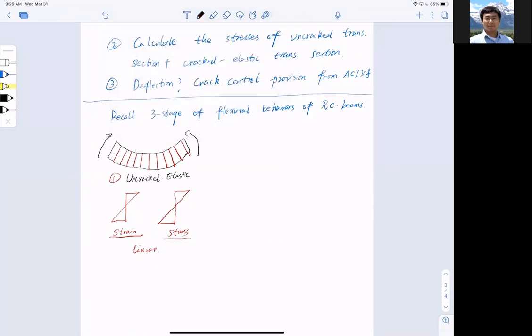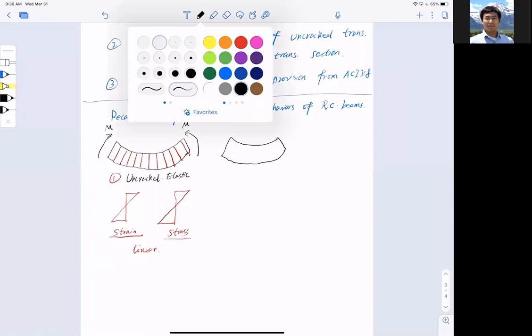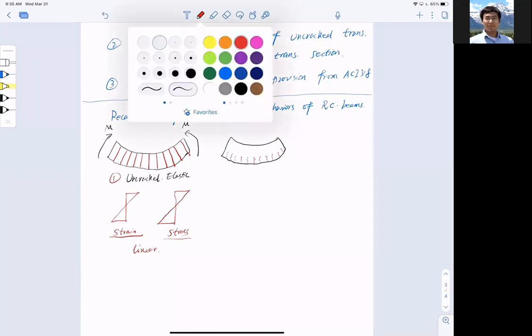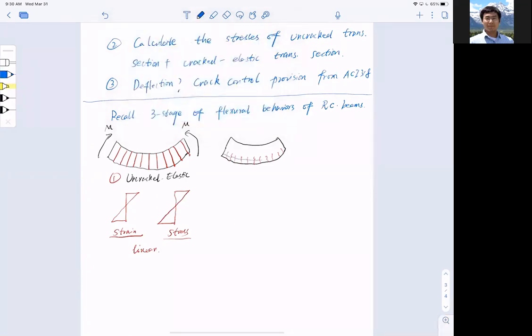If I keep increasing the bending moment, what happens? If I draw the beam again, shorter, I start to see hairline cracks at the bottom of it. And these are fine, because concrete was not designed to take the tension anyway. We always have reinforcement in it.